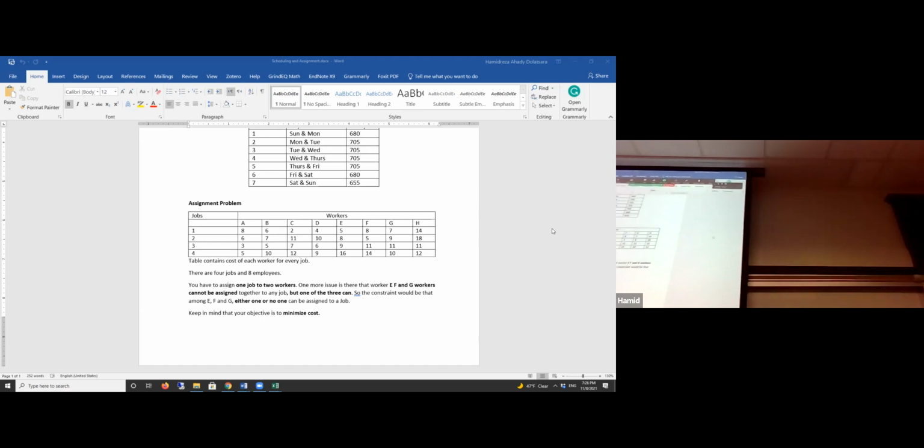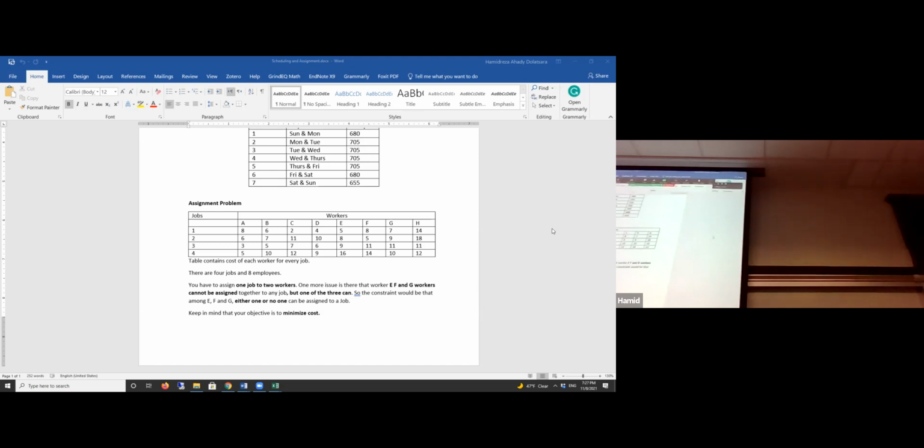So if I say E plus F plus G equals 1, if I just add this constraint, do you think these 3 could be assigned to one job? They are integer values and positive, so they are at least 0.